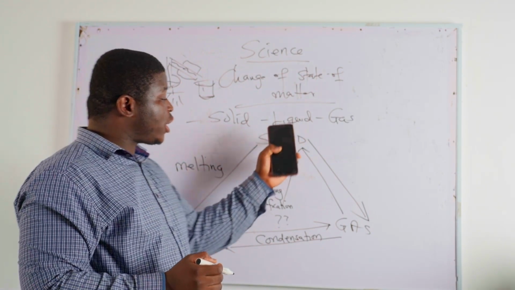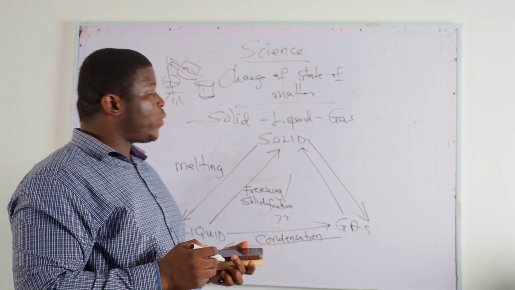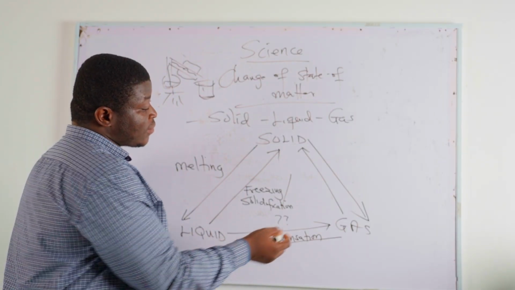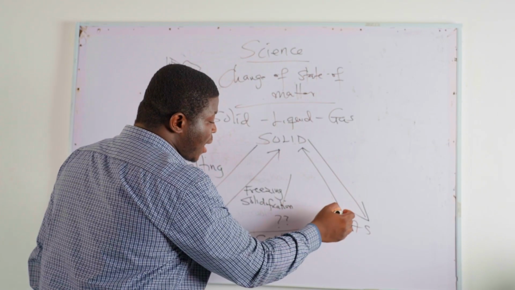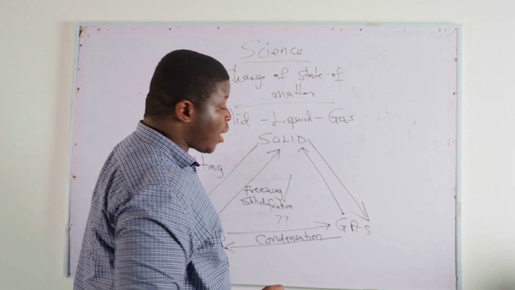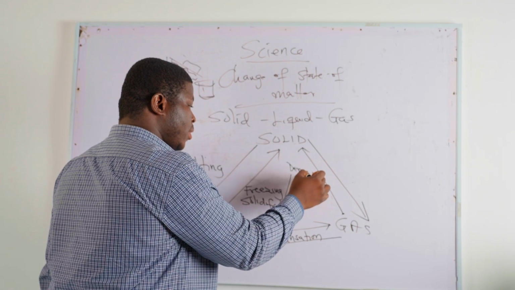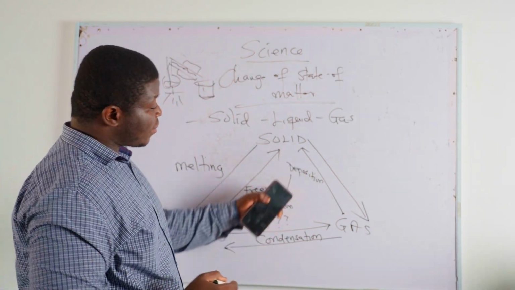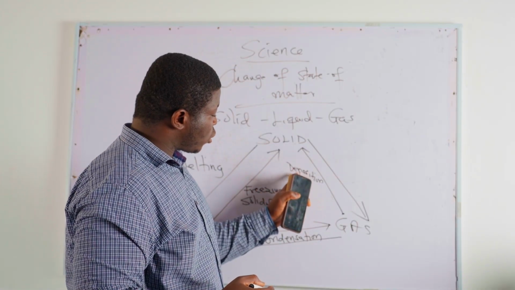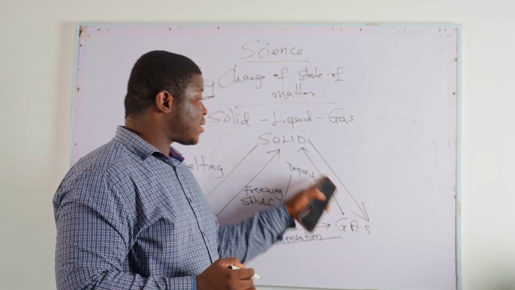So a substance changing from gas to solid, we call that process what? Deposition. So we call that process deposition. That's when a substance changes straight from gas to solid.